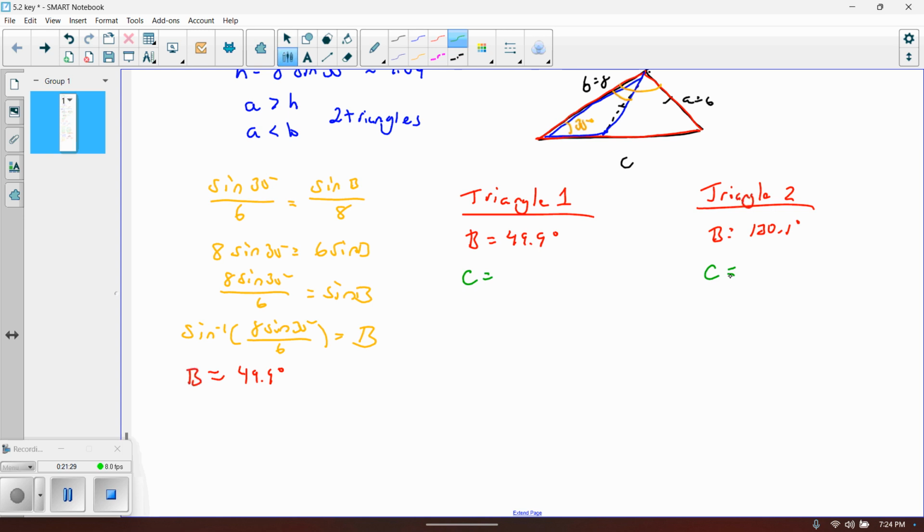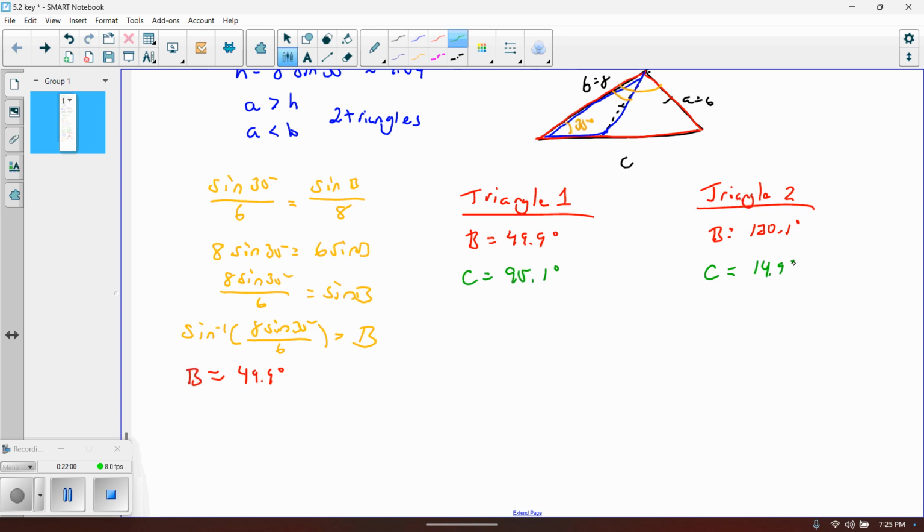So the first one is going to give us, let's see, plug this into the calculator, 95.1 degrees. And in the second case, let's see, 130.1 plus 35, and we'll take that away from 180. That's going to give you 14.9 degrees.